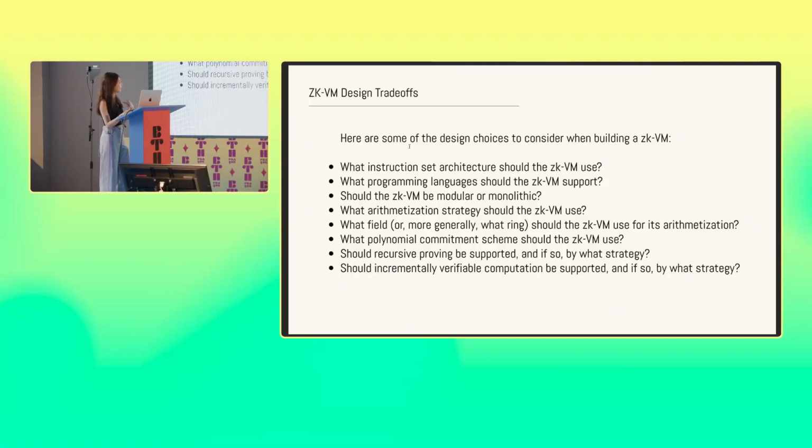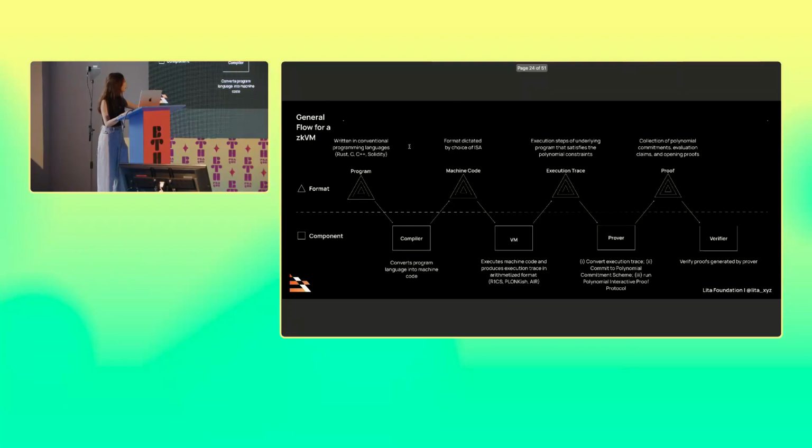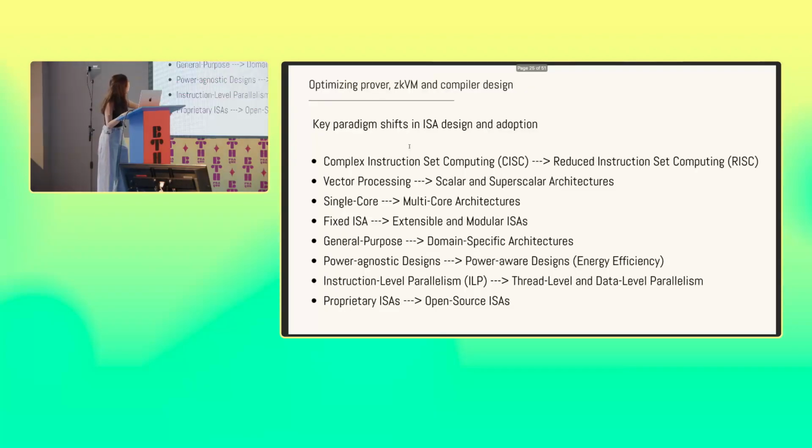Fourth, what kind of arithmetization strategy should we use? Fifth, what field should the ZK VM use for the arithmetization? And then what PCS should we use? And what recursive proving should be supported? If it's supported, what approach are we taking, etc. So this provides some guidelines. This is a general flow for how a ZK VM works. I'm not going to talk about it, but yeah.